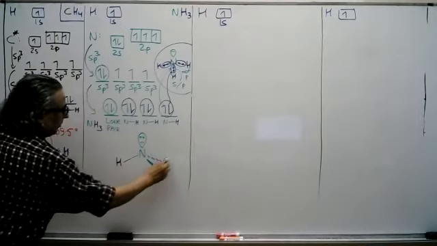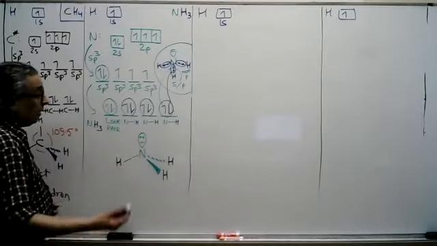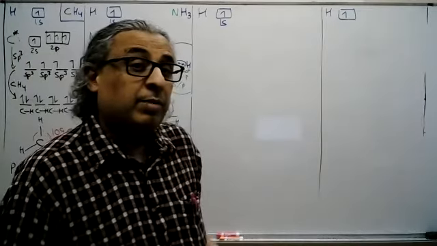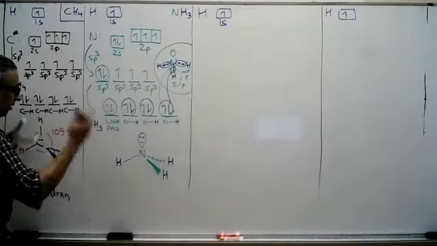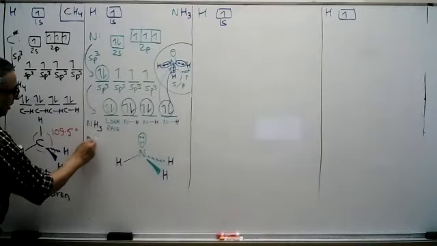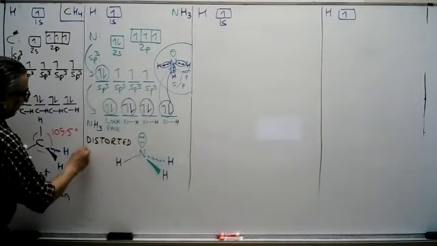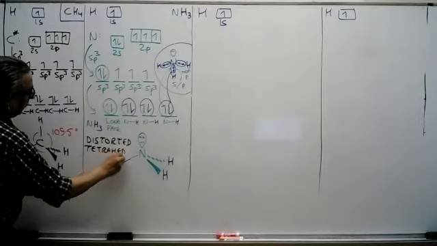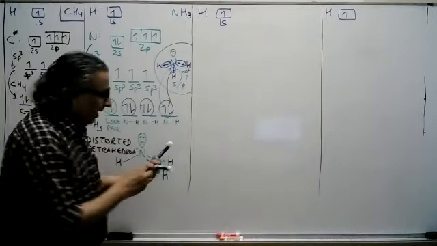Hydrogen, hydrogen, and hydrogen. You can call it not a perfect tetrahedron, but a distorted tetrahedron. I'm going to write it down in black so that it stands out. You can call it distorted tetrahedron, or you can call it something else.